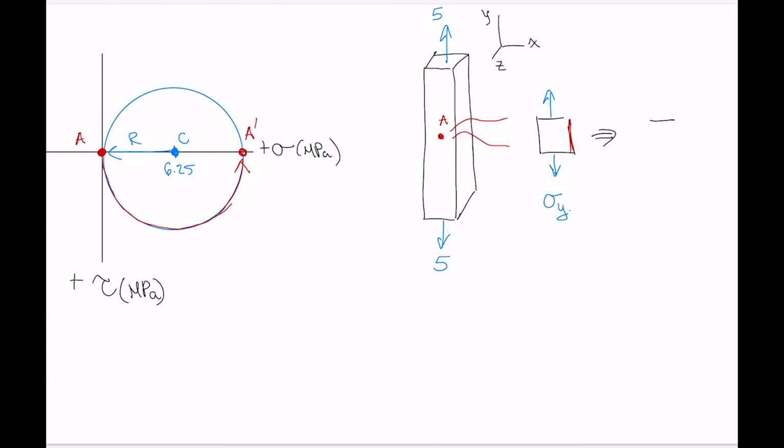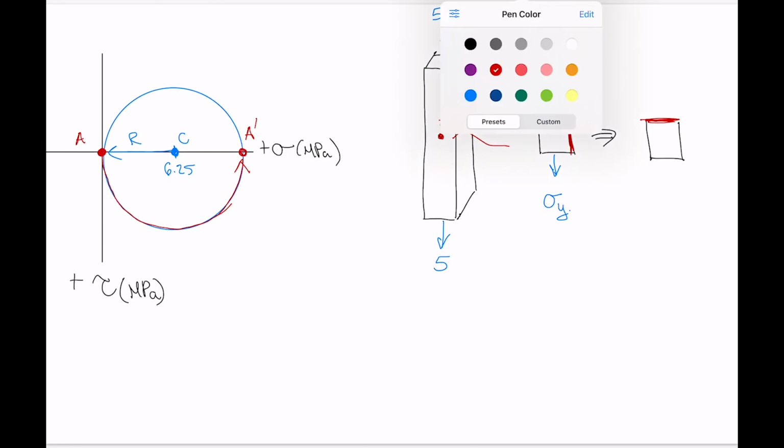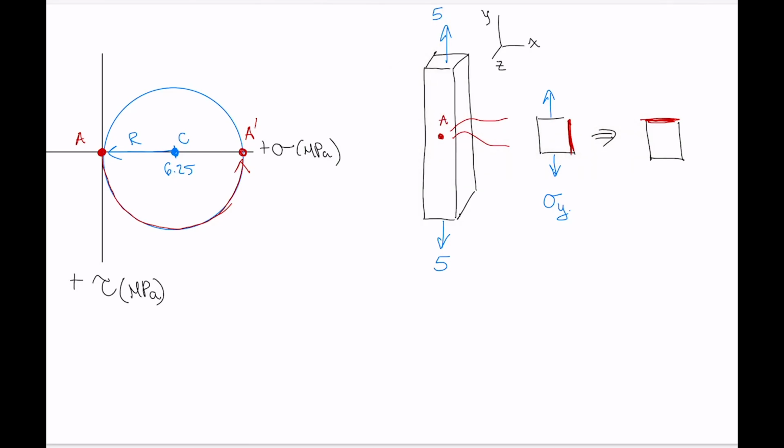So we rotated that now by 90 degrees so that what was our right-hand side is now at the top. Now you'll see that point A, right over here at the origin, gave us what the stress was on this right-hand side of the element, right?